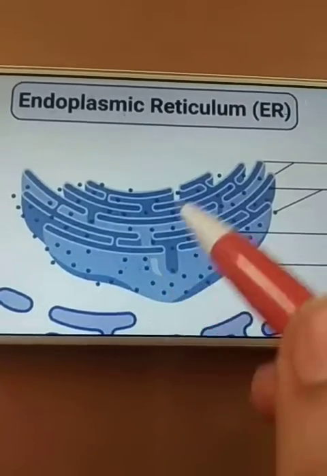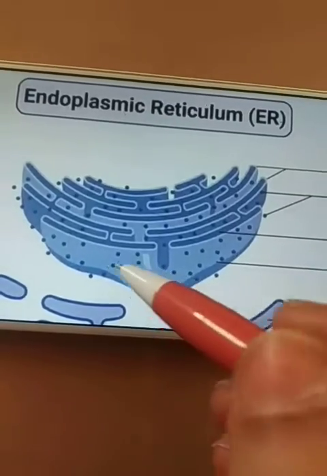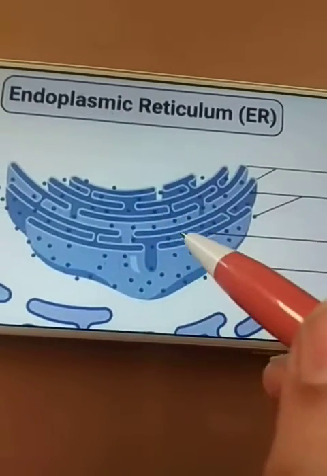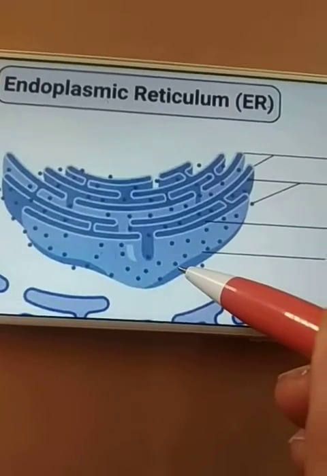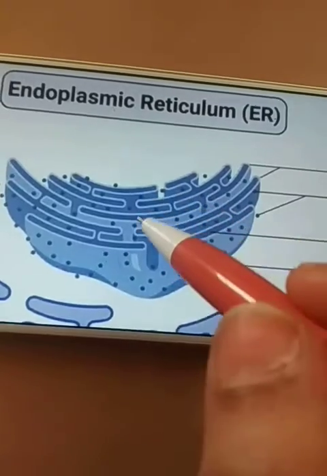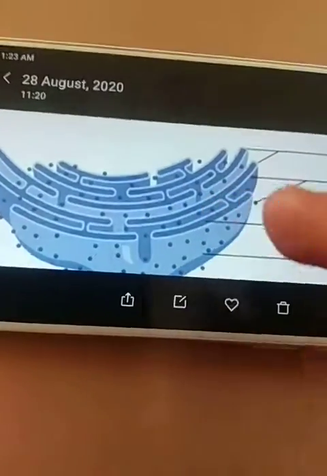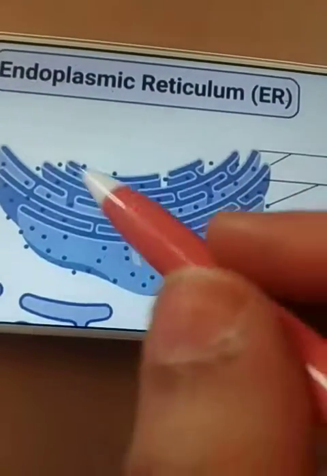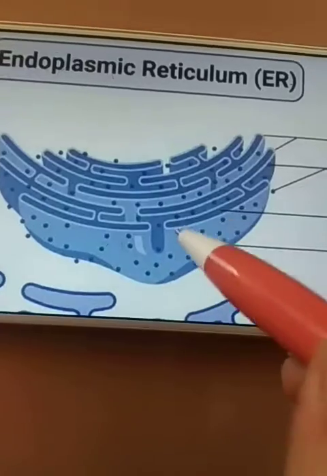They are filled with fluids and carry materials throughout the cell, due to which it is also called the transport system of the cell.